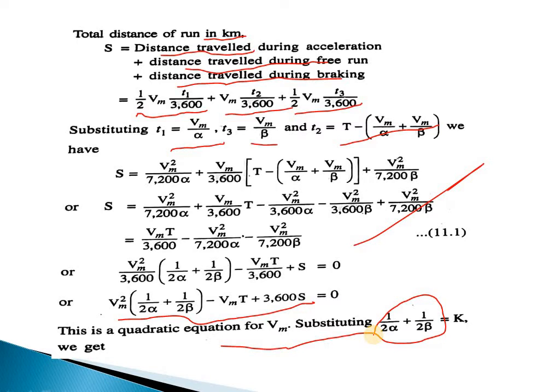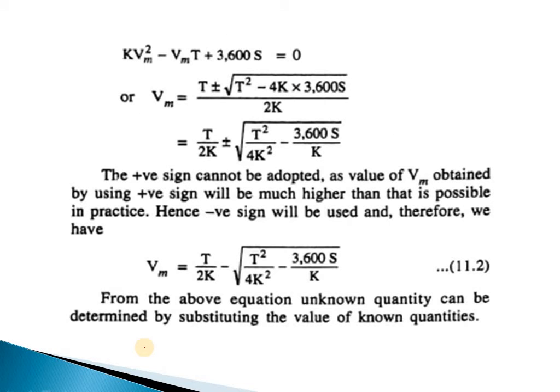We are considering this portion as k. Now considering this k, the equation becomes k Vm square minus Vm into T plus 3600 S equals 0. The total quadratic equation now looks like this, so from there we can calculate the value of Vm.